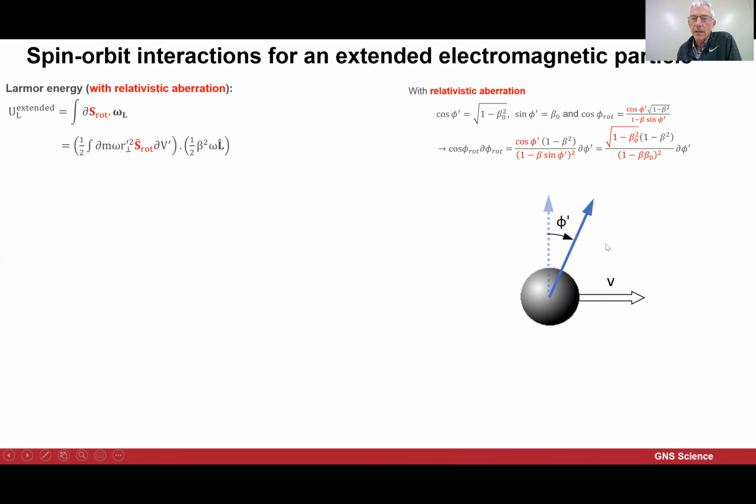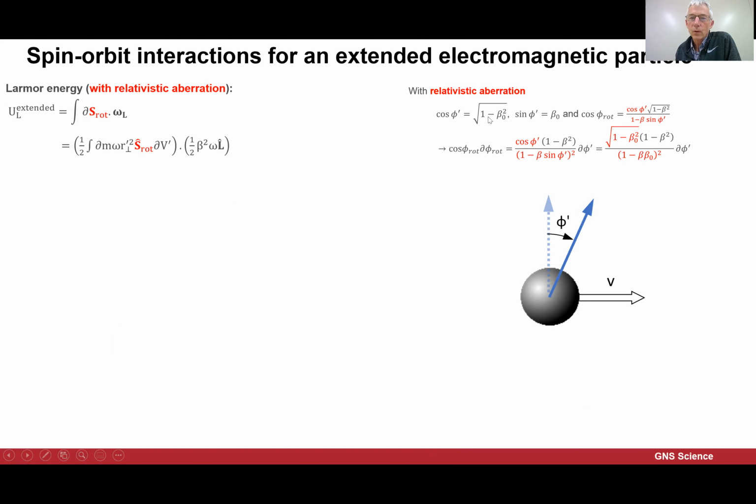When an object is moving, it will observe a different angle compared to when it's at rest. And that is done using the relativistic aberration formula, which is given here in the top line.